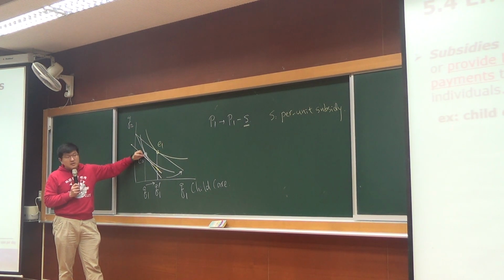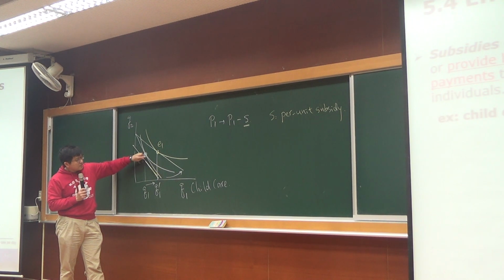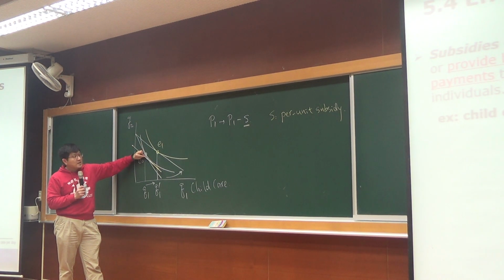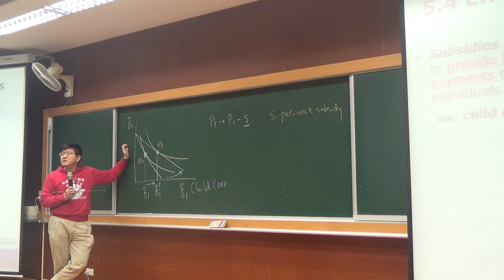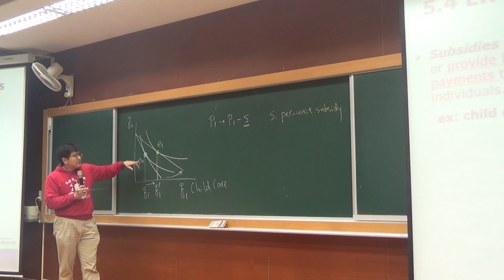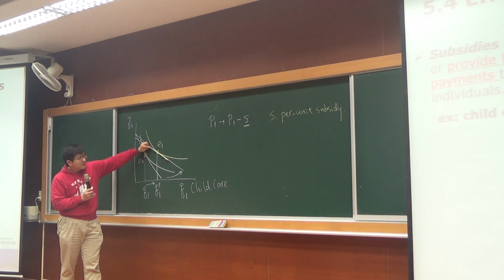And in this case, you will see if the income effect is also negative, which means, if child care is a normal good, the real income should be increased, right?